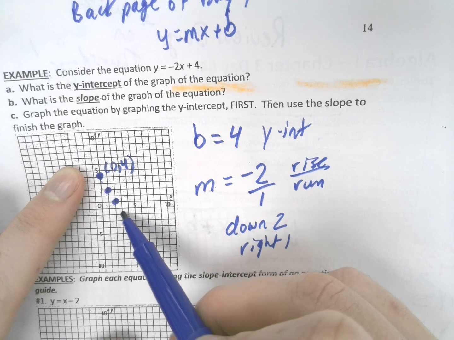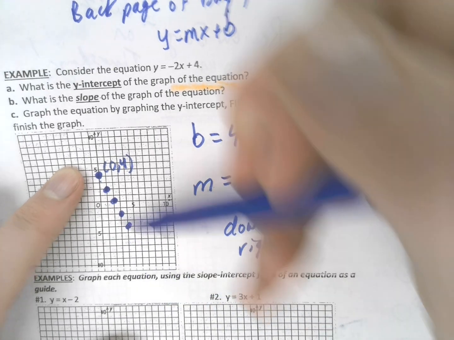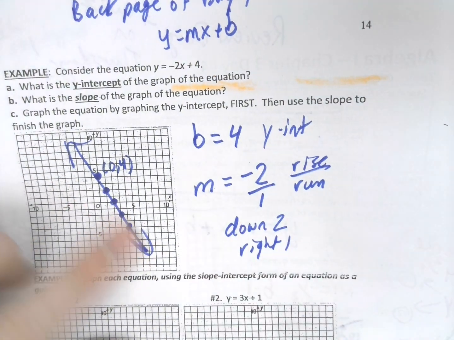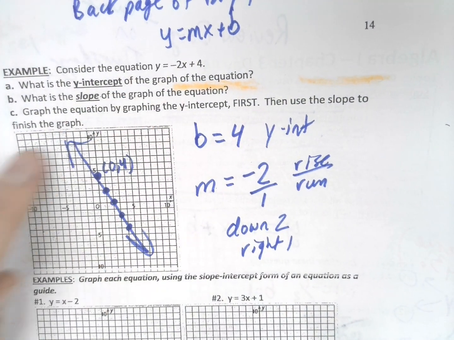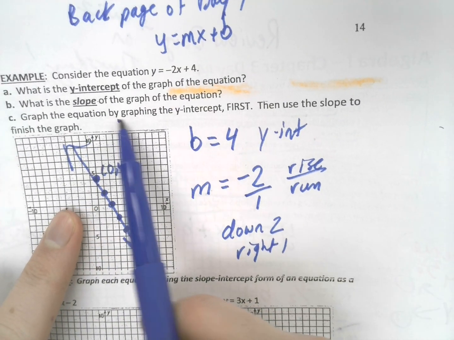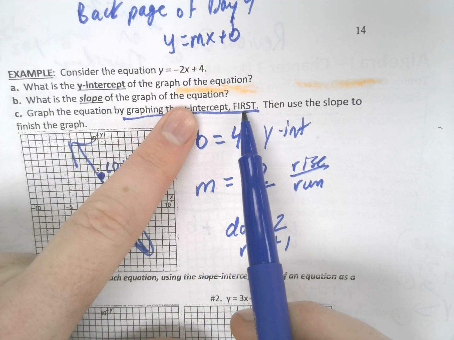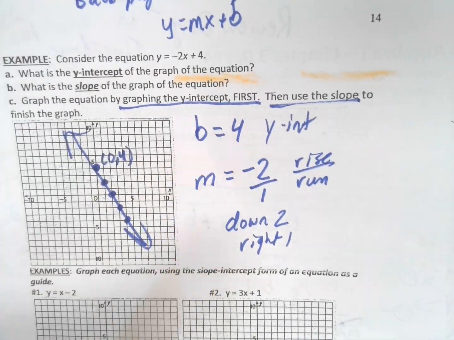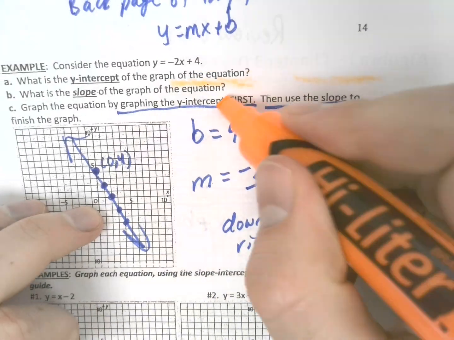You guys can see our line right there. We got a negative slope line, downhill. Perfect. So you see that to graph, you graph the y-intercept first, then use the slope. Graph the y-intercept first. That's a big key right there.